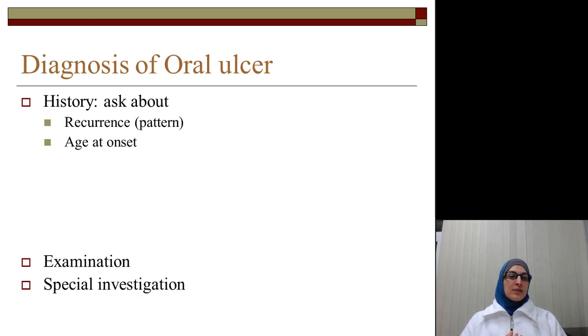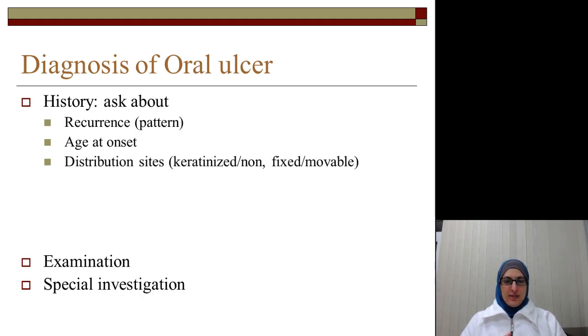Other ulcers start later in life, in the 50s or 60s, and this includes lichen planus or immune vesiculobullous diseases like pemphigus or mucous membrane pemphigoid. So it is important to know at what age these ulcers started to appear. This would help you make the diagnosis.